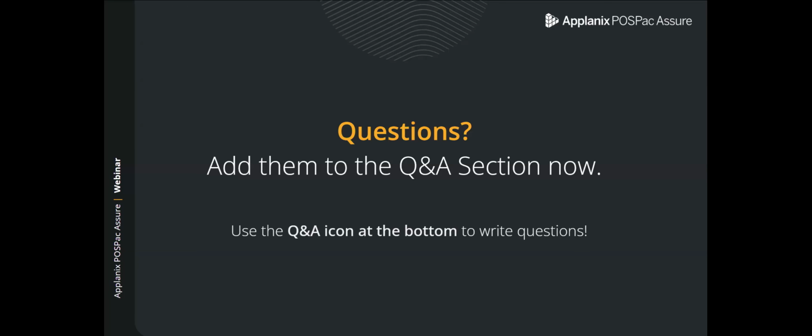Well, those are indeed different products, right? So POSPac Complete is the desktop version that's installed on your machine. You would have a separate license, which is not connected to POSPac Assure. POSPac Assure, as I said, is a different product. You will have to sign up on the subscription plan, or you sign up on the pay-per-mission basis.